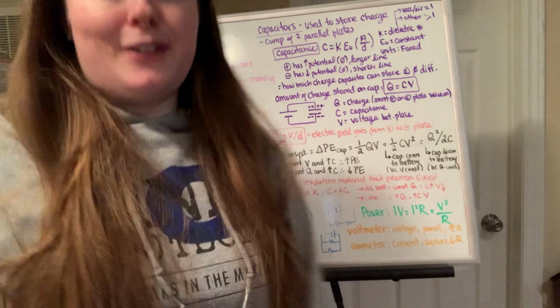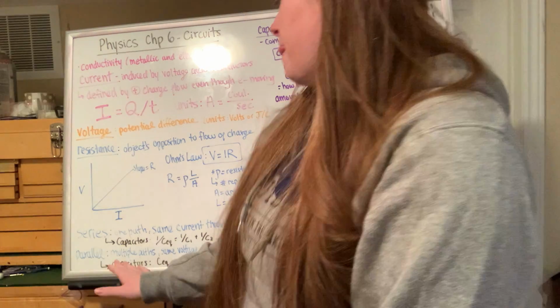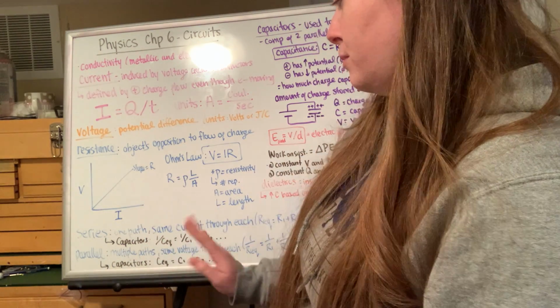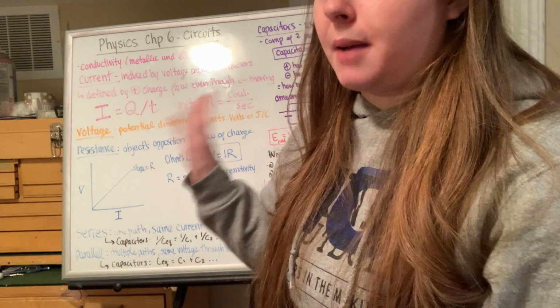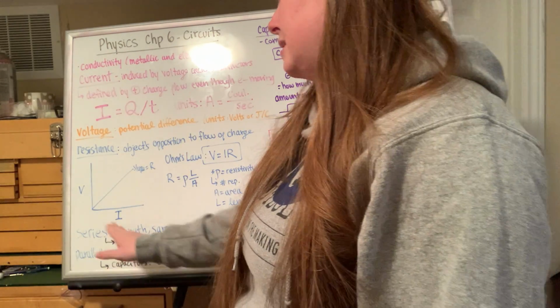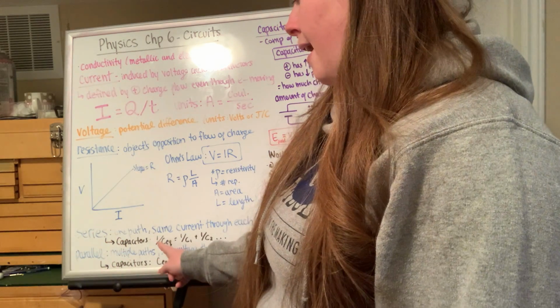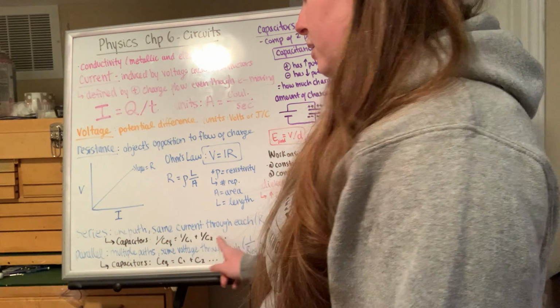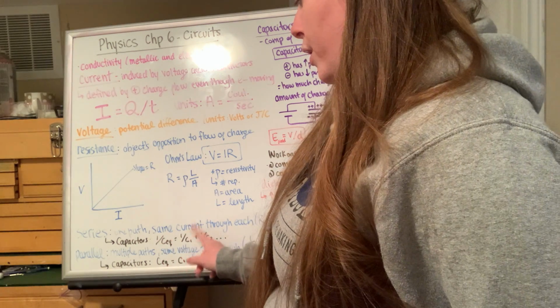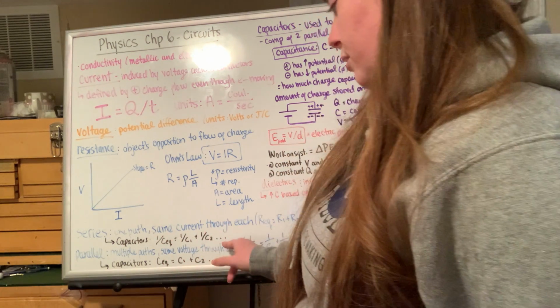Okay, so we're on to the last thing. One thing I didn't mention before because we didn't talk about capacitors yet, but now that we have, is that capacitors placed in series have this equation right here. So it's 1 over C total equals 1 over C1 plus 1 over C2.